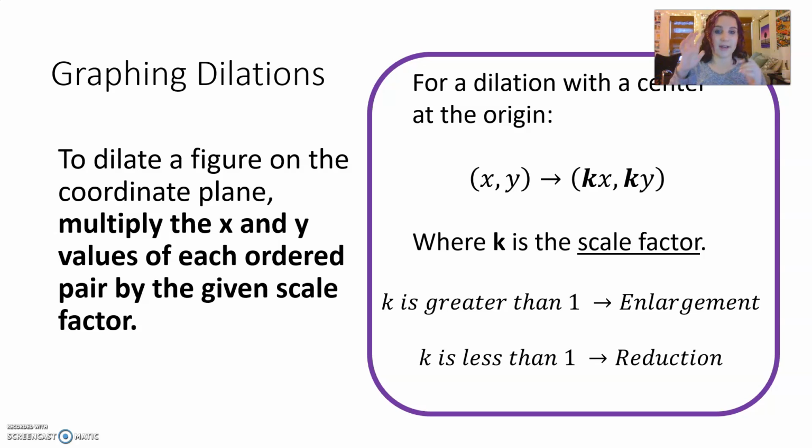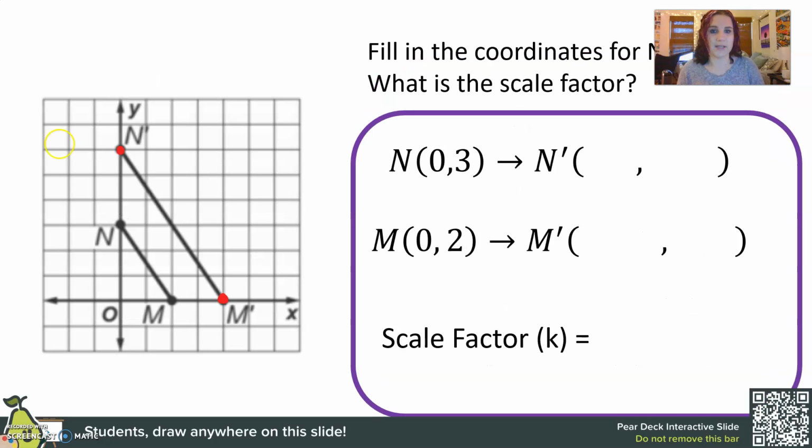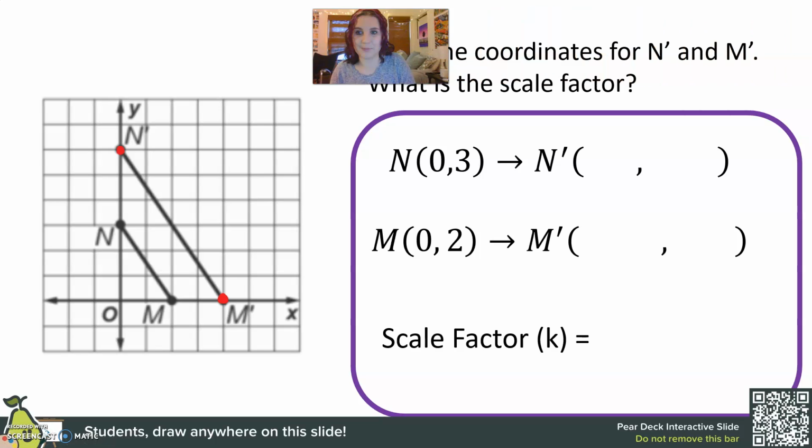So if I have a coordinate x comma y, I would multiply the x by my scale factor, and we use the letter k to represent that, and multiply y by the scale factor. If k is greater than 1, then the image will be bigger. If k is less than 1, between 0 and 1, then it will be a reduction, so the image will get smaller.